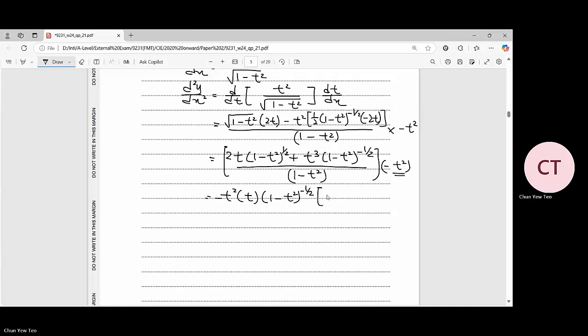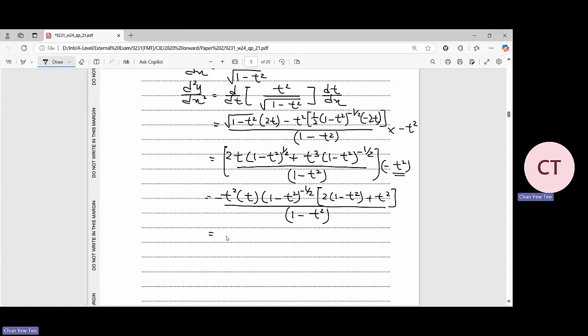If you factorize the common factor, then for the first term you will be left with only 2 of 1 minus t squared. Then this one will be plus t squared divided by 1 minus t squared to the power 1.